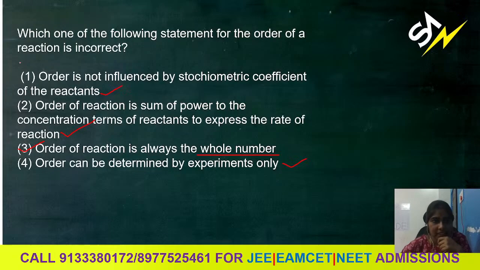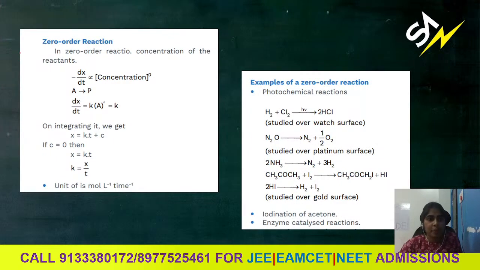Next, let's see how many types of reactions there are. Take a zero order reaction. What is meant by a zero order reaction? In a zero order reaction, the power of the concentration of the reactant is taken as 0.